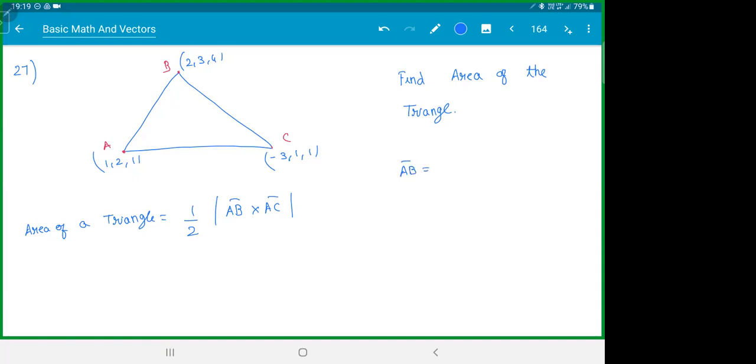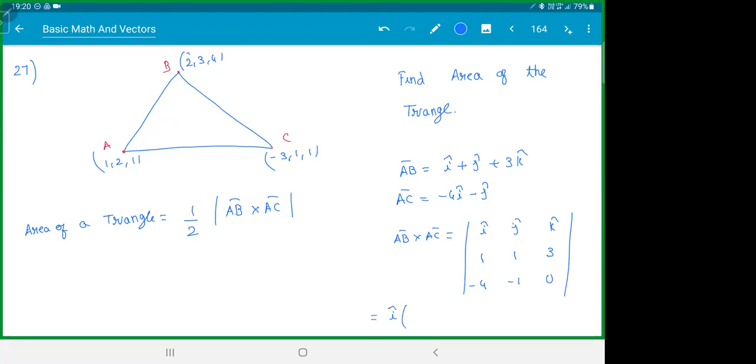So what is AB bar? AB bar means you're going from A to B, so final minus initial. 2 minus 1, I cap. 3 minus 2, J cap. 4 minus 1, 3 K cap. AC bar will be, again, you're going from A to C. Minus 3 minus 1, minus 4 i. 1 minus 2, minus j. 1 minus 1, that is 0. So if you do the cross product of these two, AB cross AC, I, J, K, 1, 1, 3, minus 4, minus 1, 0.